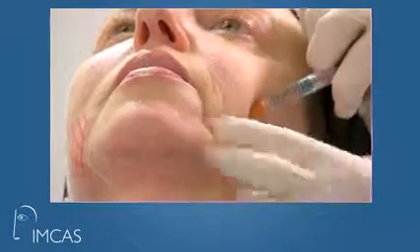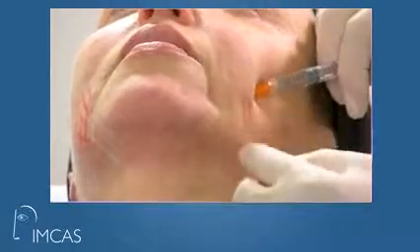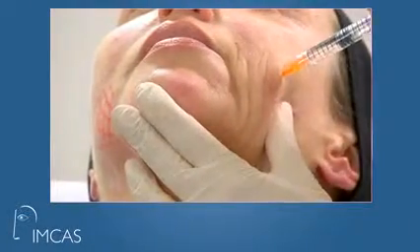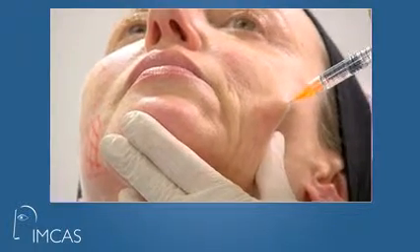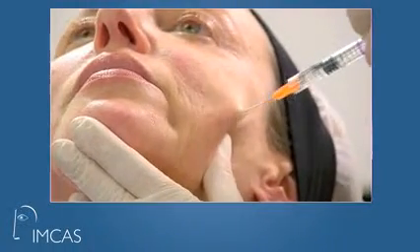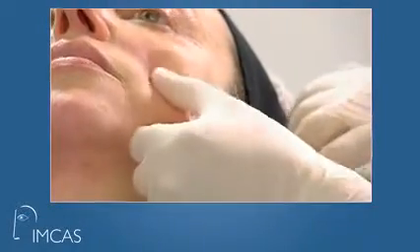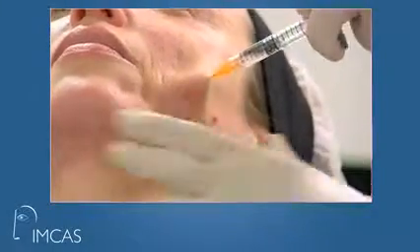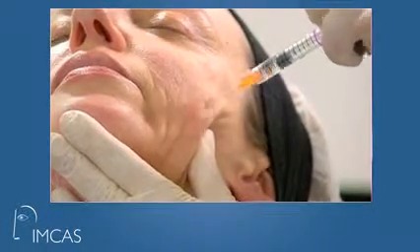And now, look, my technique for treating the marionette line is to go vertically, very slowly, very superficially. And as I do this, I lift this fold very easily with this product. I continue. I go superficially. Look, I am vertically, and I inject slowly, very superficially.